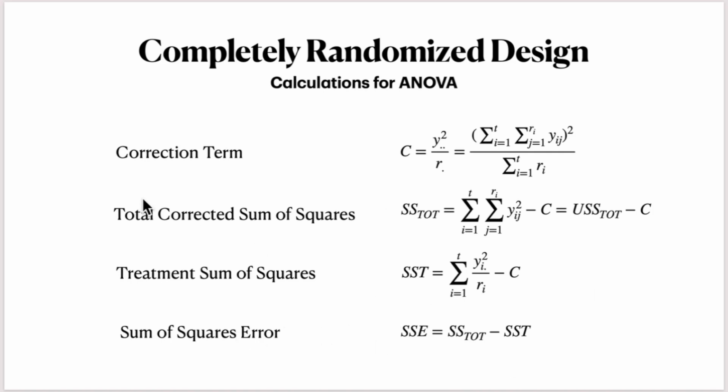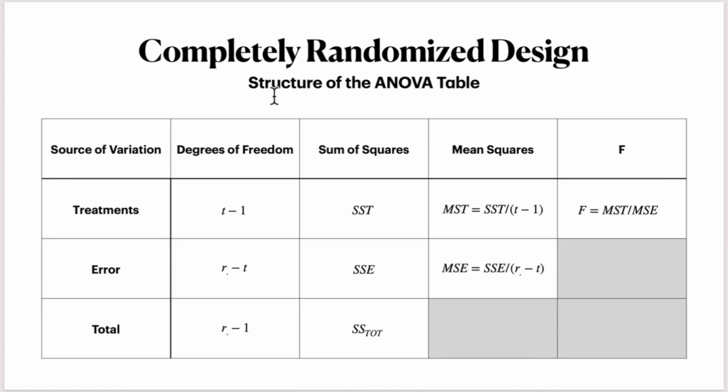Now, once we have those quantities, we can perform the rest of the calculations for the analysis of variance. And it's often easier to do that in the context of the ANOVA table. That's one of the reasons for using an analysis of variance table, not only to present the results, but to facilitate the calculations. Now, let's just remind ourselves of the structure of the ANOVA table for a completely randomized design. Again, we have three sources of variation.